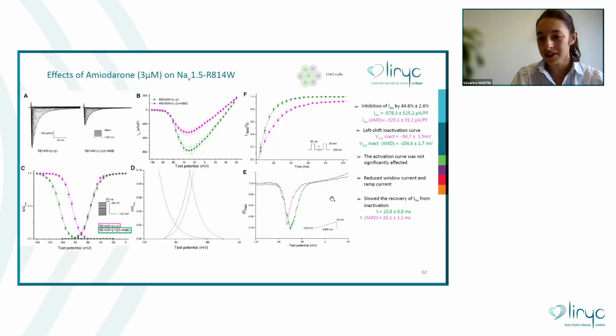And at the end, they observed that the recovery kinetics is two times slower compared to the group without amiodarone. So at the end, amiodarone reduced the gain of function of the NaV1.5 variants, and that's why it's effective on the patient.